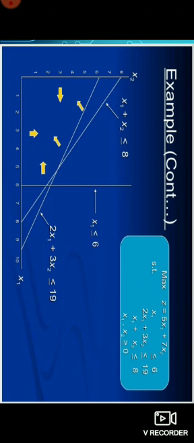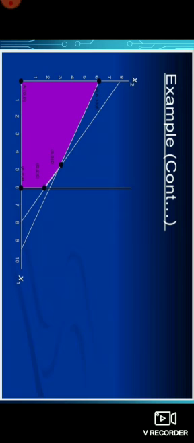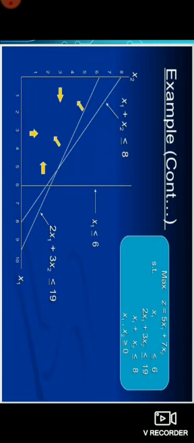And the third constraint x1 plus x2 less than or equal to 8 means 8 or below. This is an arrow. These arrows show the feasible solution. These are the feasible solution and this is a corner point.